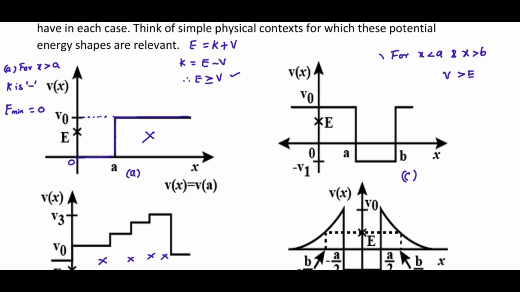That means kinetic energy is negative. That means the particle won't exist. So the particle can exist only within this region. So here E minimum value is equal to this one, minus V1.